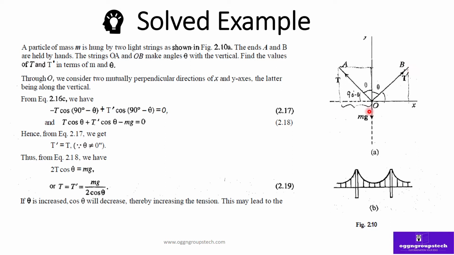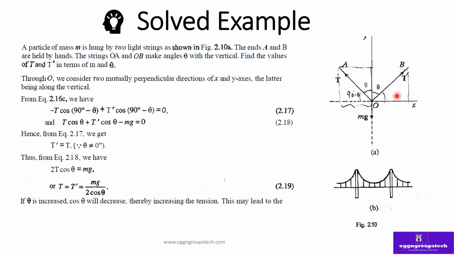From the previous expression, that is equilibrium of forces, we can prove that minus T cos 90 minus theta plus T dash cos 90 minus theta.